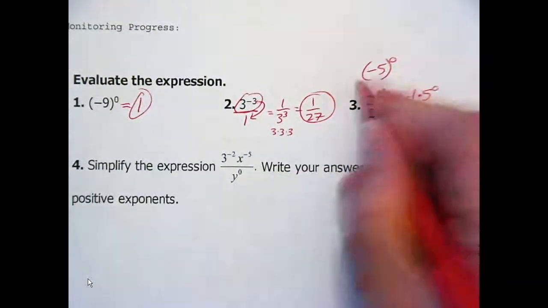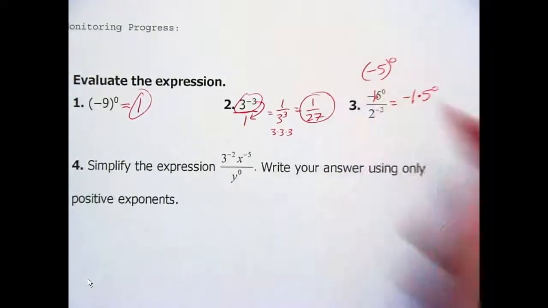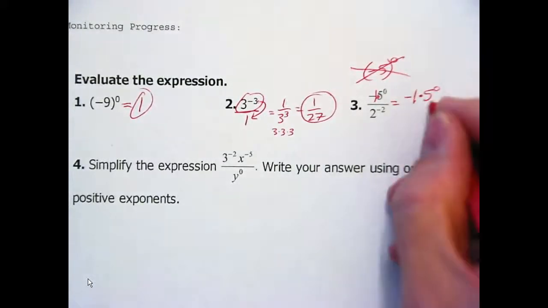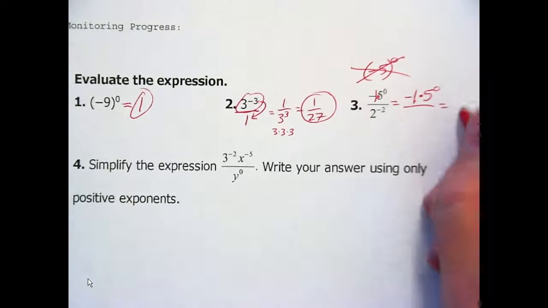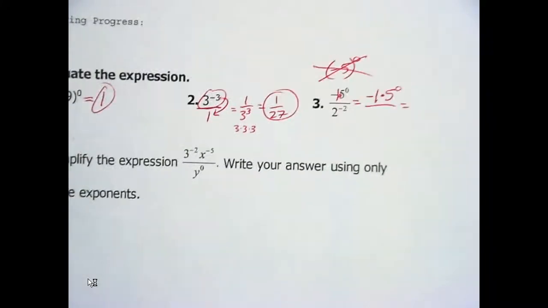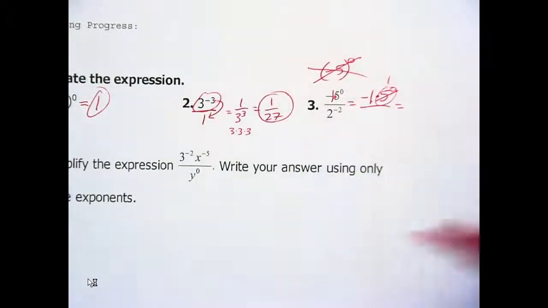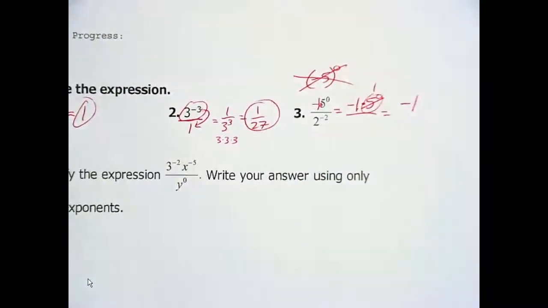It doesn't have parentheses around it, so it means negative 1 times 5 to the 0. So what do I get on top? What's 5 to the 0? That's 1. So I'm left with negative 1 on top.